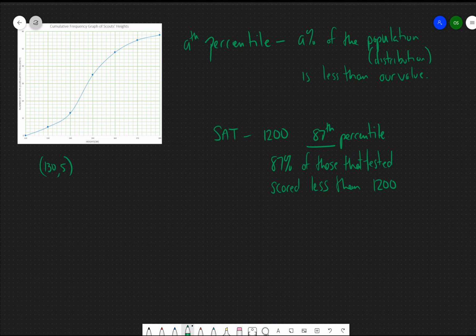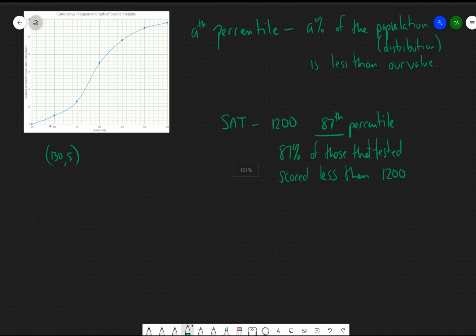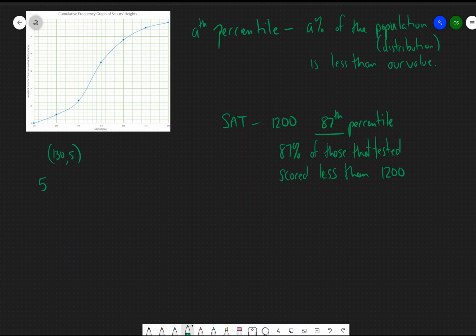That means that for a height of 130, I'd read this as 5 scouts have a height of 130 or less.